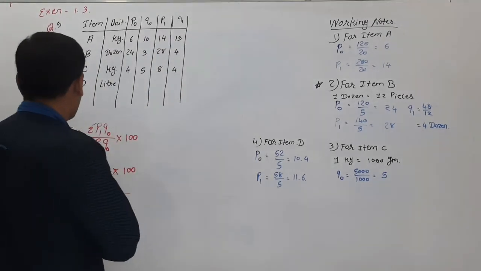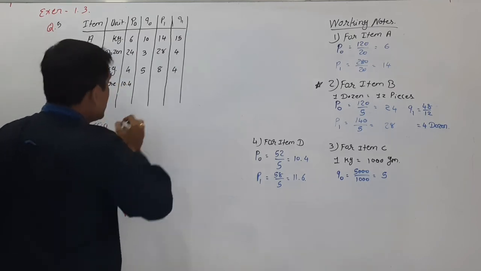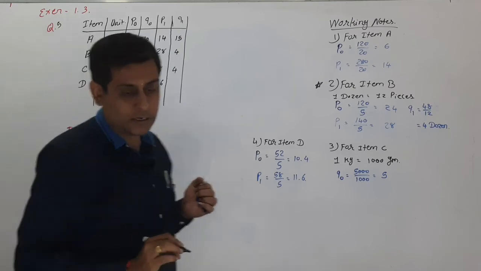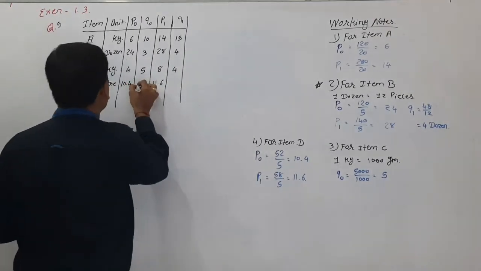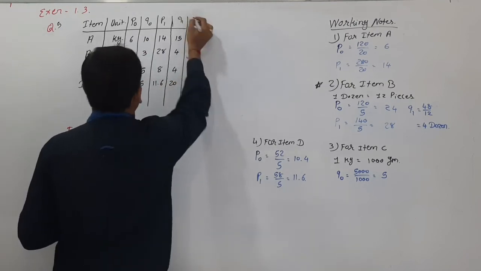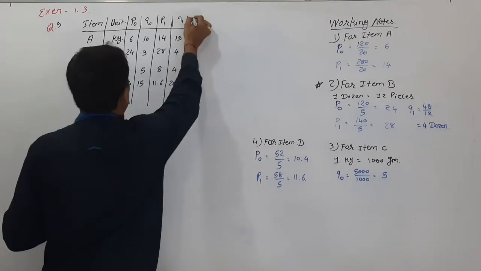Okay, so here the price is 10.4, then the price is 11.6, then the quantity is 15 liter and 20 liter. So now it is easy, we just have to multiply it.